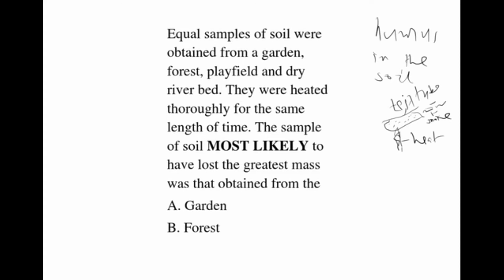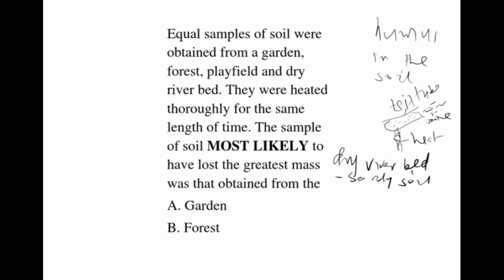So here we have garden soil, forest, playing field, and dry riverbed. Starting with the dry riverbed, this one was likely to be sandy soil, and sandy soil has very little humus, so this one did not lose a lot of mass.